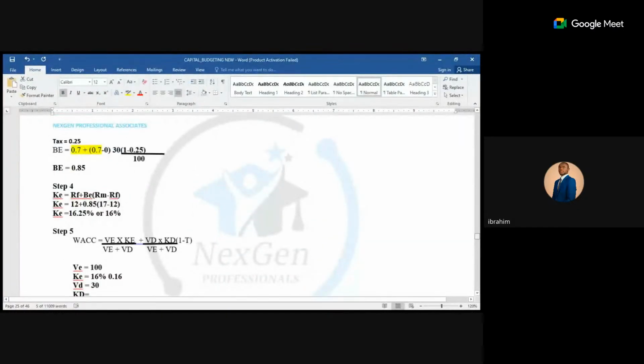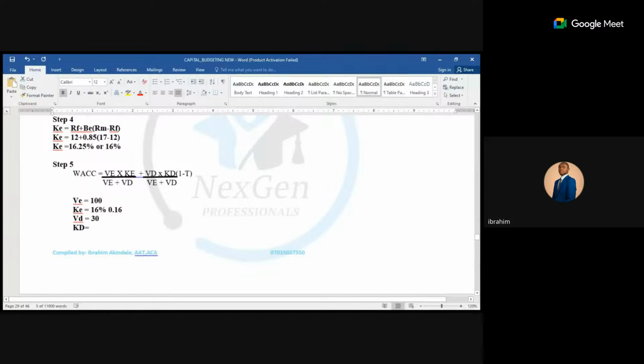So we have to do a tax relief. We should not forget that this is our formula for doing that: interest times 1 minus tax rate. Interest is 8%, 1 minus tax rate. What is the tax rate? 0.25.